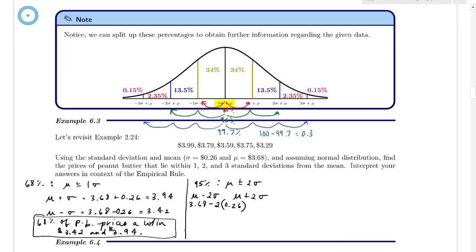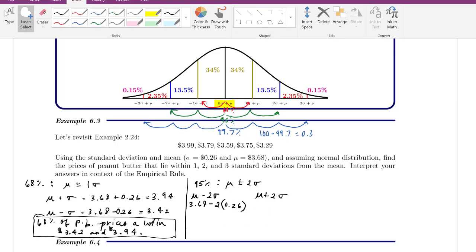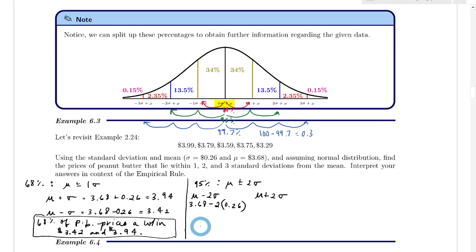And I'm just going to move this one over here a little bit to the right. So if I did that and put it in the calculator, I would get a value of $3.16. If I took 3.68 and added 2 times 26 cents, I would get $4.20.